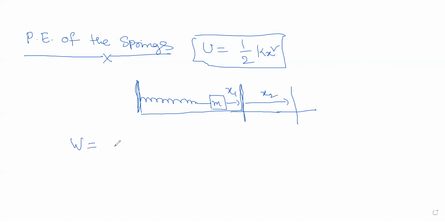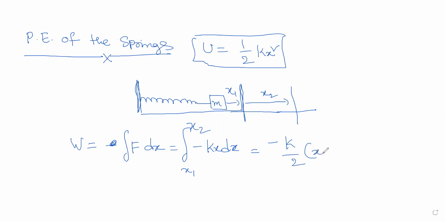The work done is given by negative of integral F dx. F is equal to minus kx, you will substitute. So you have integral of minus kx dx, and the extension is from x1 to x2. When you substitute, k is a constant, called the force constant. So you have negative of k by 2 into x2 square minus x1 square.